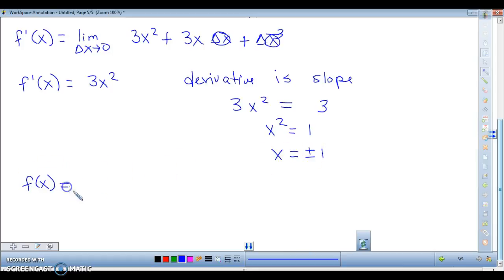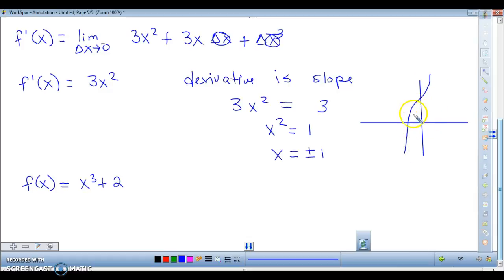Now remember that f of x was x cubed plus 2. The reason why we're plugging it back into f of x itself is because of this, and I'll do a little rough sketch for you right here to hopefully make this make a little better sense. You've got this curve x cubed plus 2, it's sitting about like that.